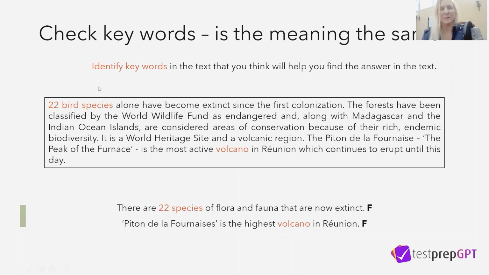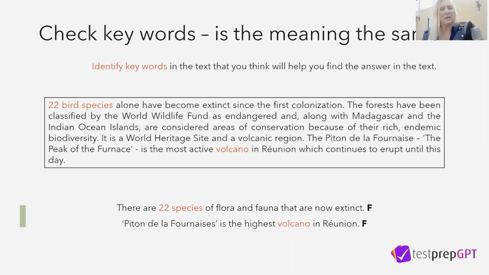Check the sentence about 22 bird species. 22 bird species alone have become extinct since the first colonization. Is that the same as the statement? No, because the statement refers to flora and fauna, not bird species. So this is wrong. This is false because it contradicts the statement in the passage.